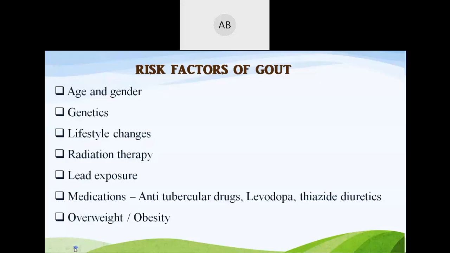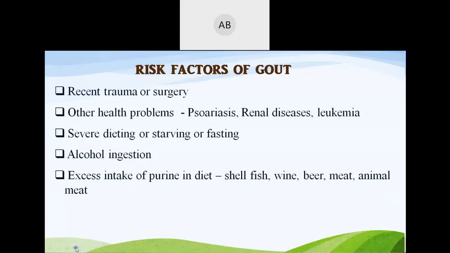Along with that, medications. Now if you are on certain medications, it may result in gout, like anti-tubercular drugs which are used for tuberculosis, levodopa, or if you are taking thiazide diuretics like hydrochlorothiazide or chlorothiazide.